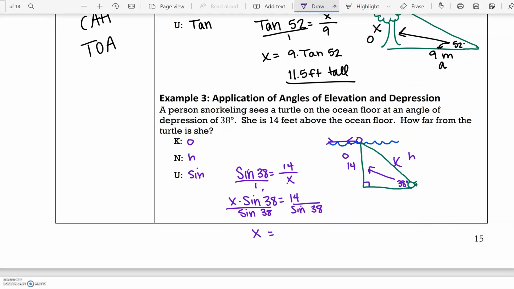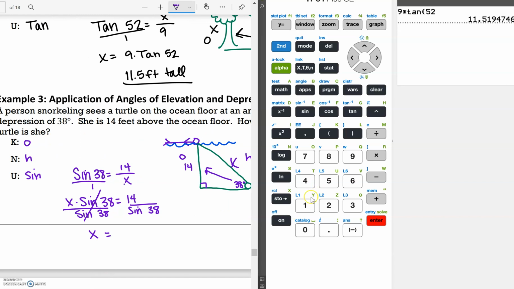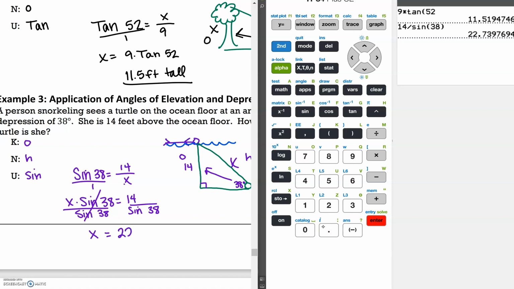So typing this 14 divided by sine 38 into our calculator, we get approximately .7 feet away from the turtle.